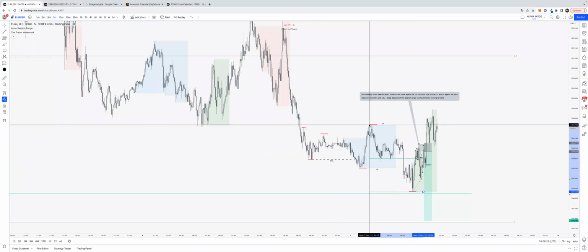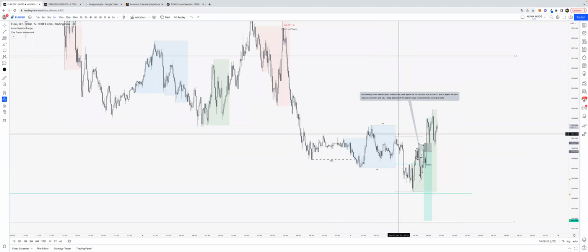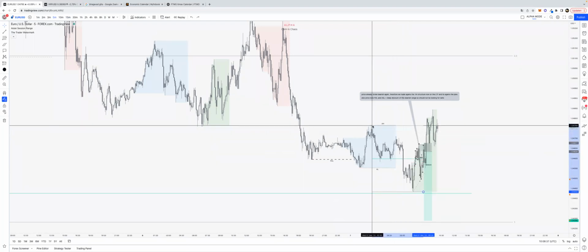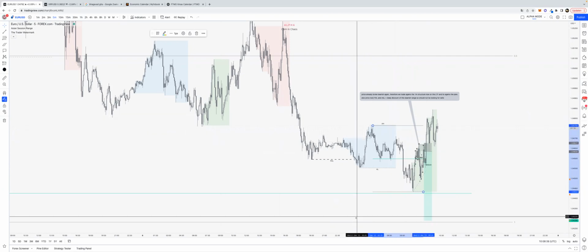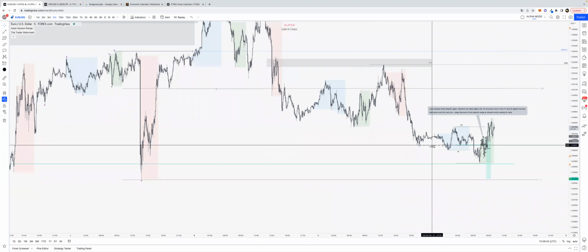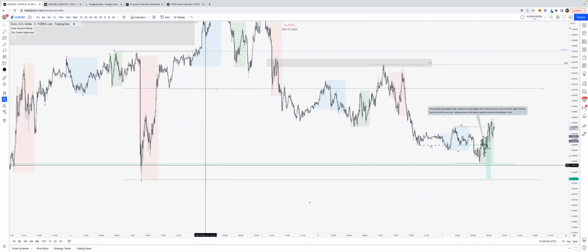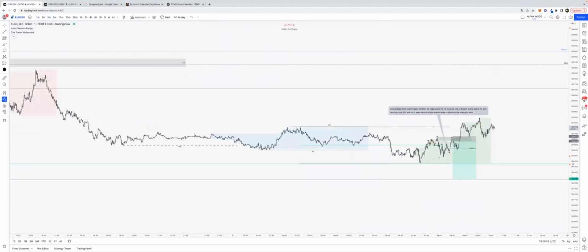I had it like this in my mind, but I just placed it here because it looked cleaner. Not really important. Anyway, for the sake of this case study, this is my most recent bearish range on the 5 minute. Keeping in mind that yes, we took Asia lows and previous daily lows, but we had this internal range liquidity on the red range, which I wanted to target. So therefore, I was still looking for shorts.